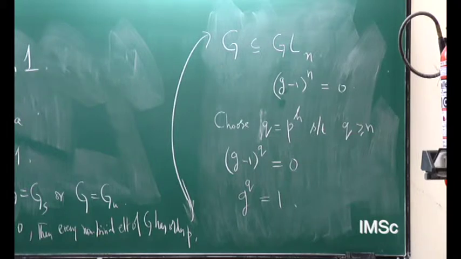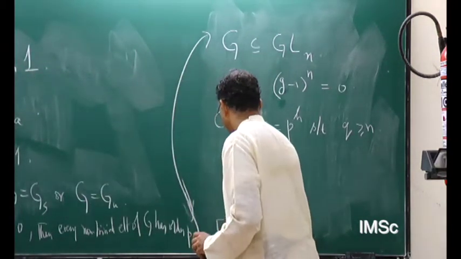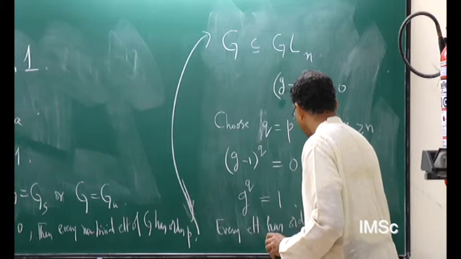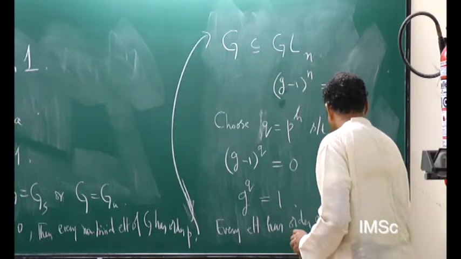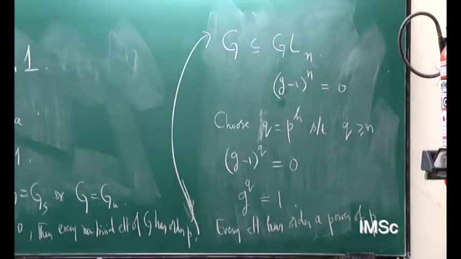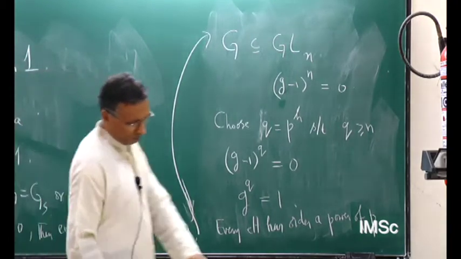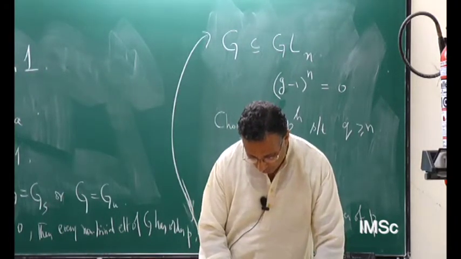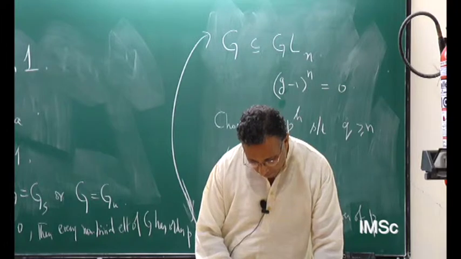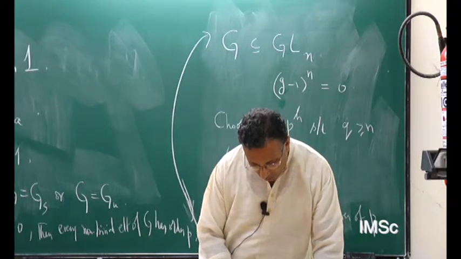So what have we proved? Every element has order a power of P. Let's see, how do I want to show that it has a power of P?